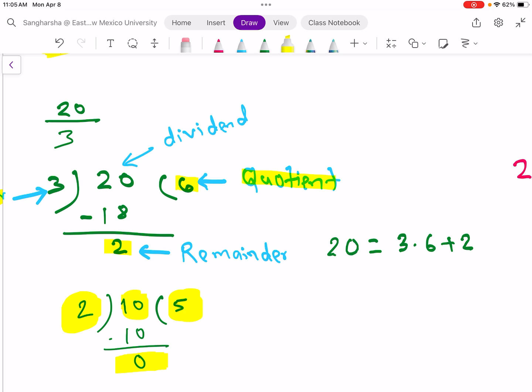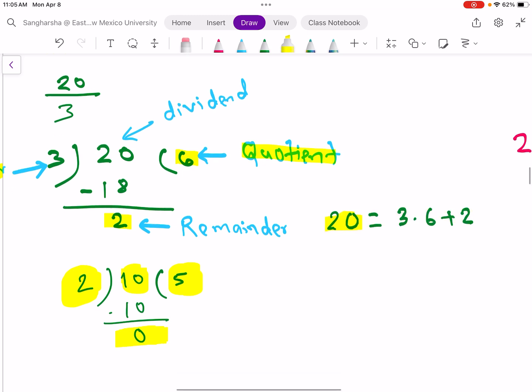Is it true or false? 3 is the divisor, times quotient plus remainder: 3 times 6 is 18, plus 2 is 20. So we can always rewrite dividend equals divisor times quotient plus remainder.